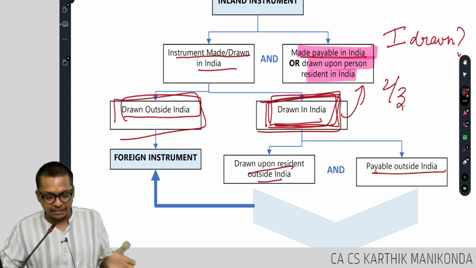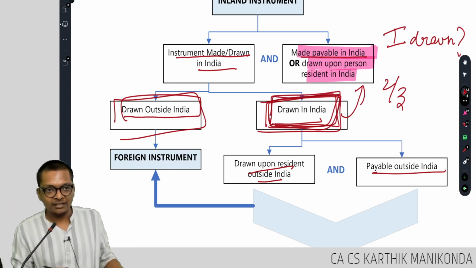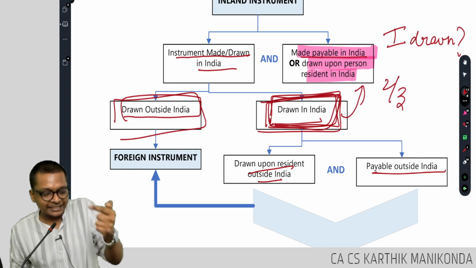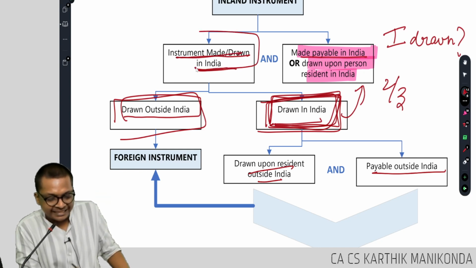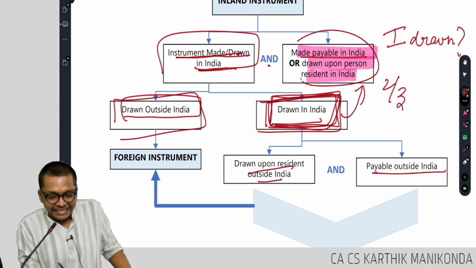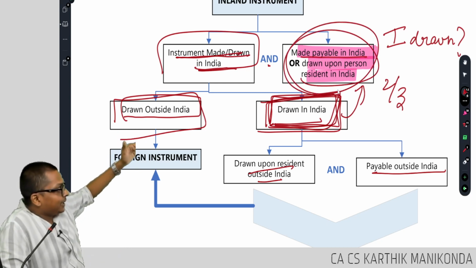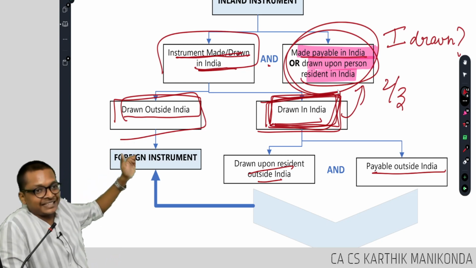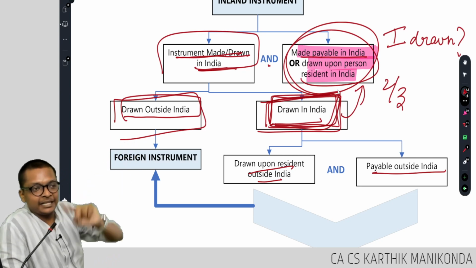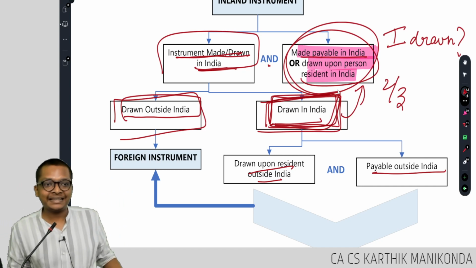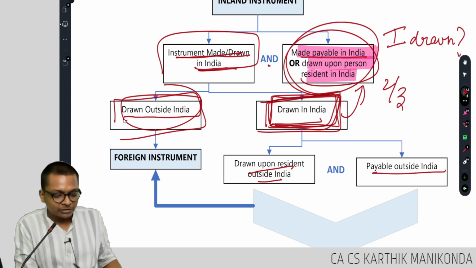BCCI drew the check in India. If it is drawn in India, in the next 2 conditions, look at this: drawn in India and any one of these 2, either payable in India or drawn upon a person resident in India, any one, it becomes inland instrument.